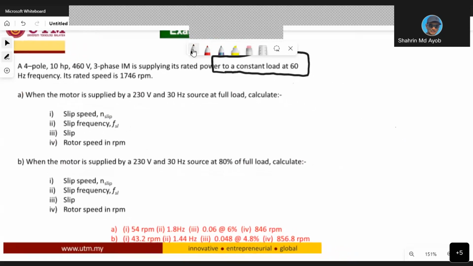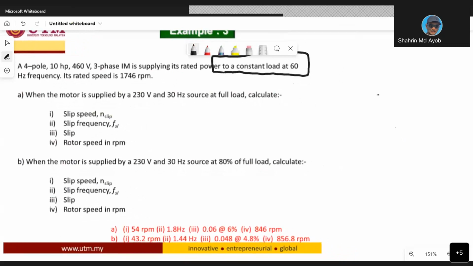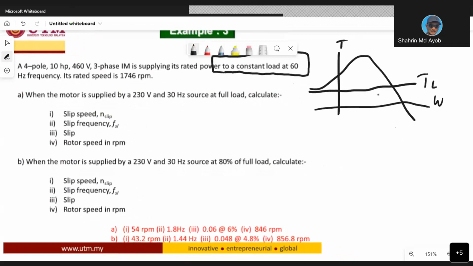If you are quite blur, what you need to do is just draw the torque speed characteristic of the motor. You need to know that when the motor rotates, it should be connected to a torque load. For this example, it is connected to a constant torque load. So when you connect, you will have a motor speed.